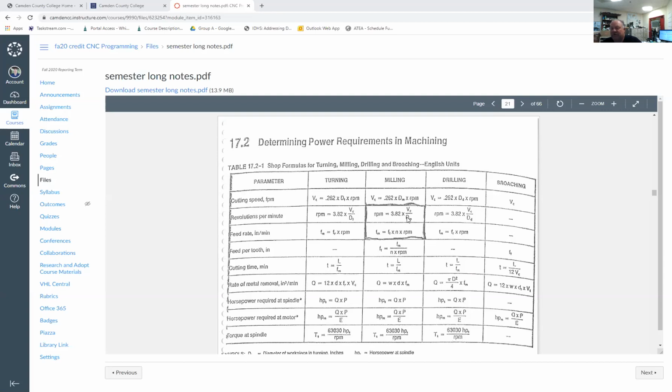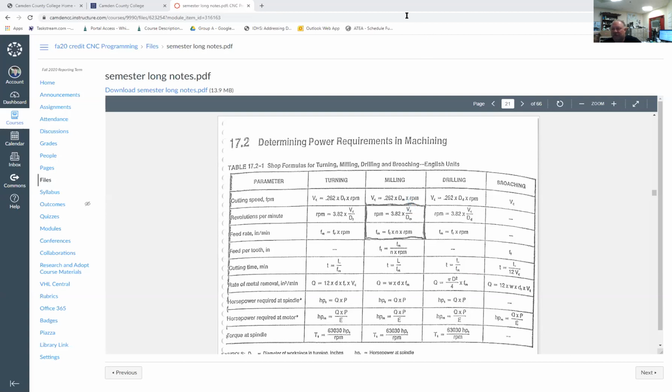The diameter of our tool is important because a larger diameter has a larger circumference. So at any given RPM, a larger tool is going to be covering more surface area. Okay. And VC equals the units of measure of SFPM, surface feet per minute.